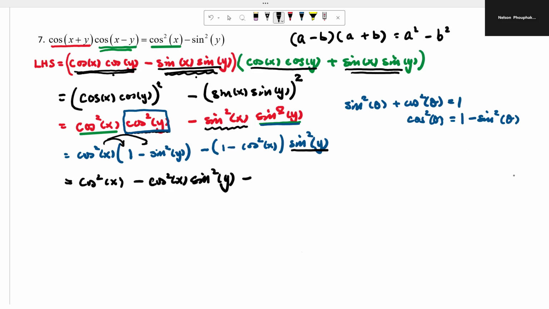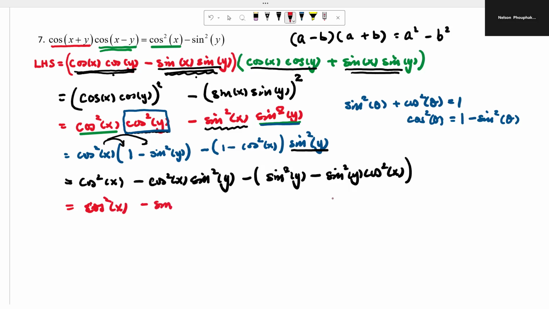I'm going to distribute this, so I have negative sine squared y plus sine squared y cosine squared x.